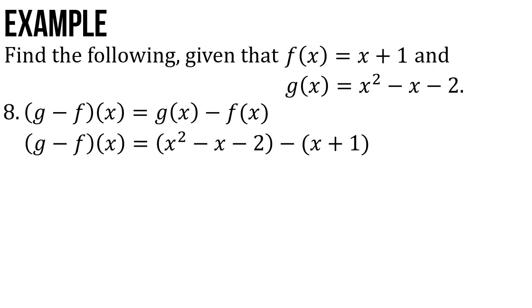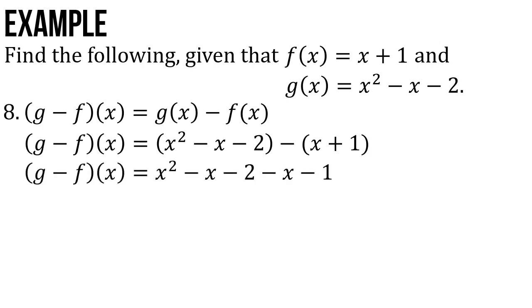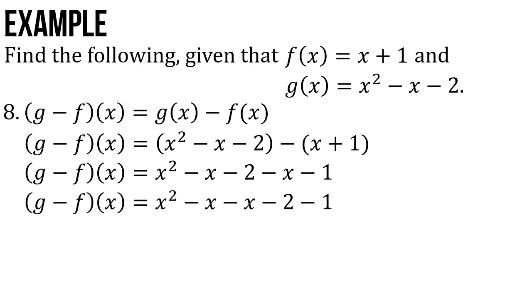So like this one, in g of x there will be no changes, but in f of x, since there's a subtraction symbol or negative symbol outside, it will be distributed. That's why we're going to have g minus f of x equals x squared minus x minus 2 minus x minus 1. Then just simplify this.